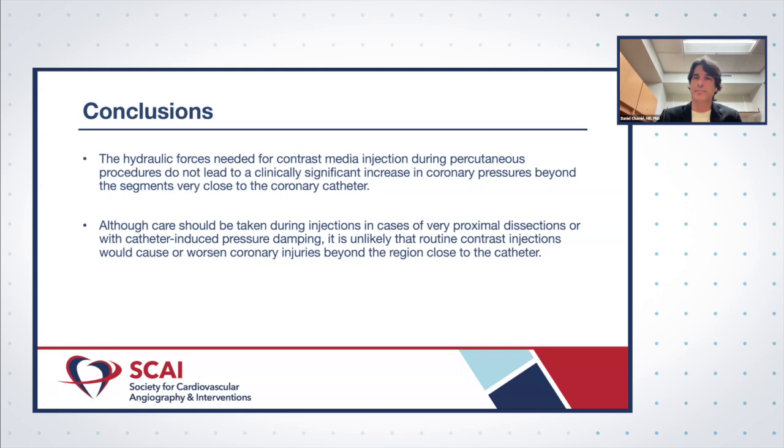Thank you. Well, that's excellent. And clinically, it's been my perception, over decades, that the likelihood of causing a catheter dissection with an angiographic catheter in particular is inversely proportional to the extent of atherosclerotic disease in the vessel that you inject.